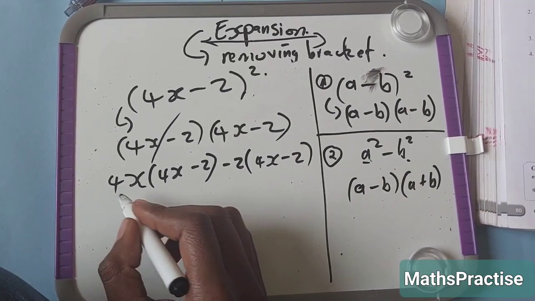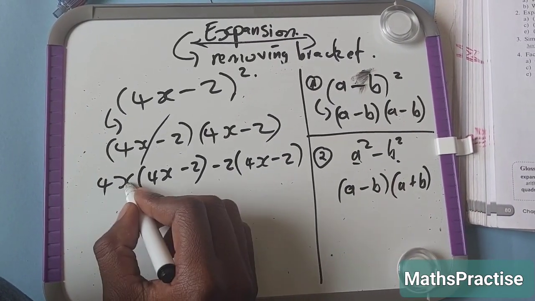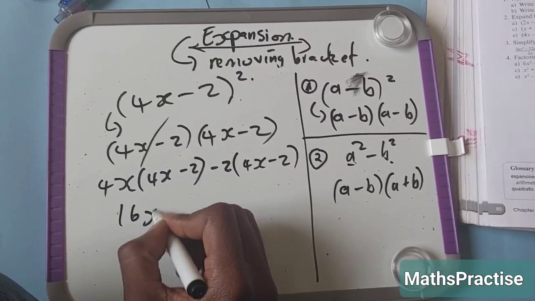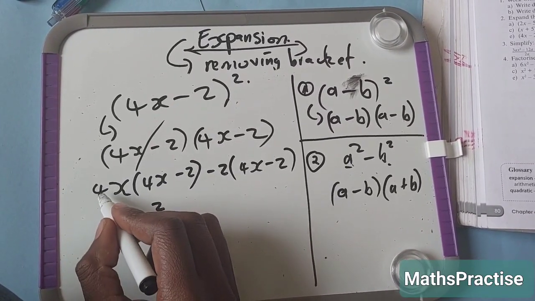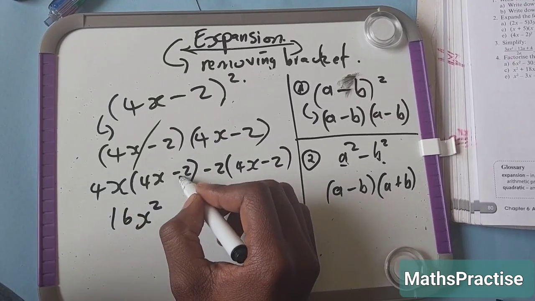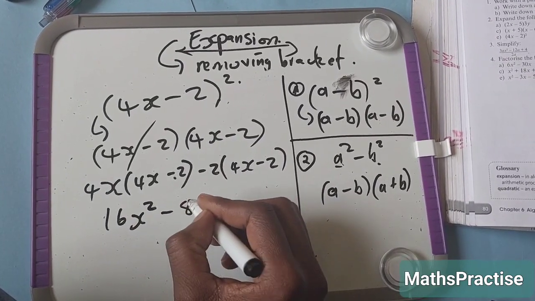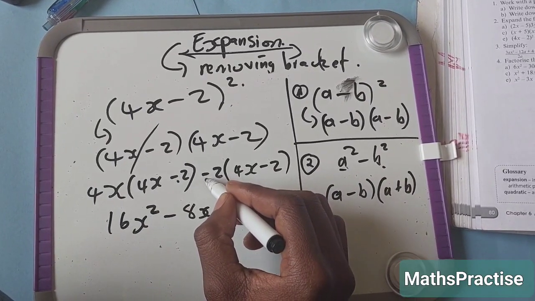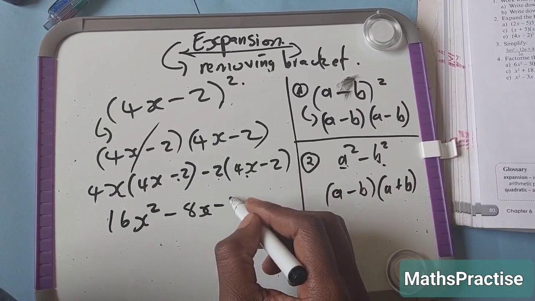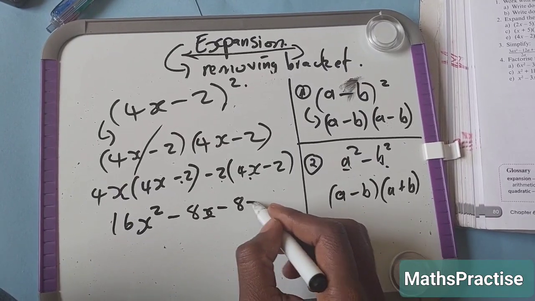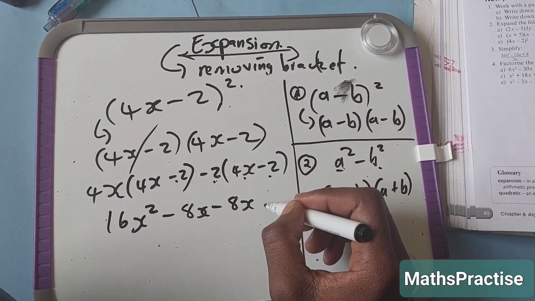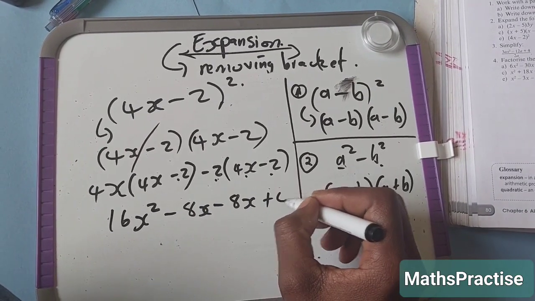Then we expand. 4x times 4x gives us 16x squared. Then 4x times minus 2 gives us minus 8x. Then we have minus 2 times 4x, which gives us minus 8x. Then minus 2 times minus 2 gives us plus 4.